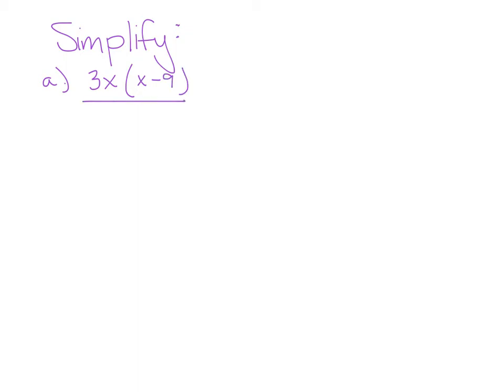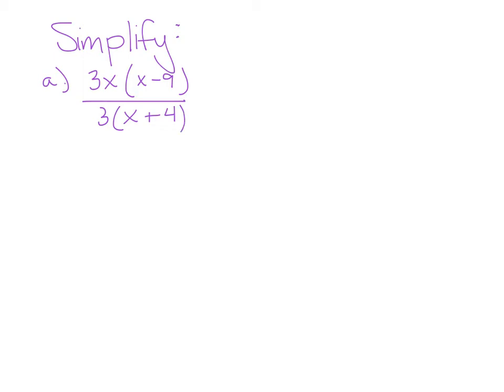Okay, so our directions are to simplify. All right, so we have 3x times x minus 9 over 3 times x plus 4.